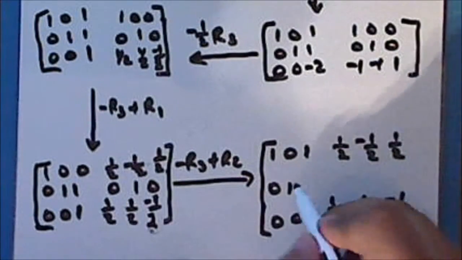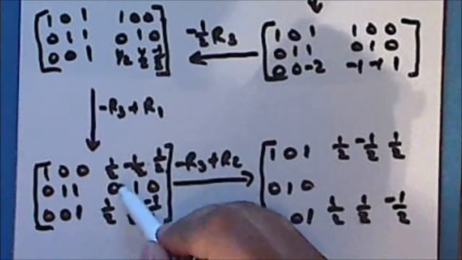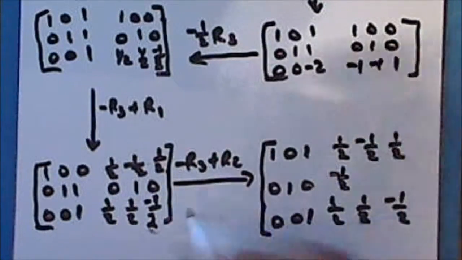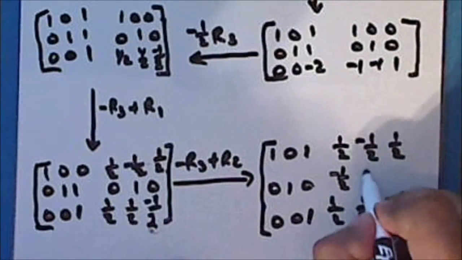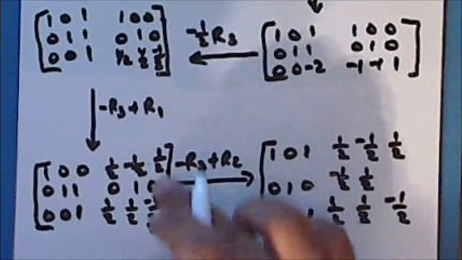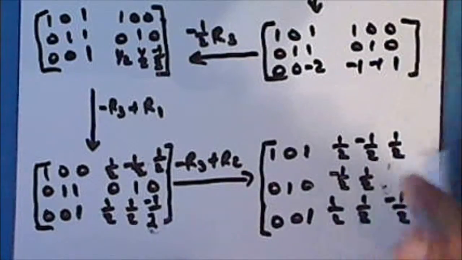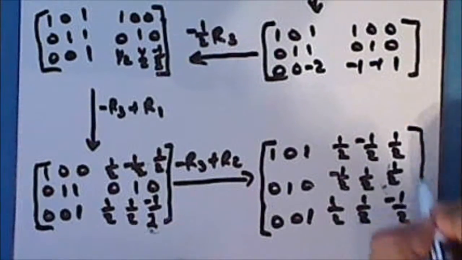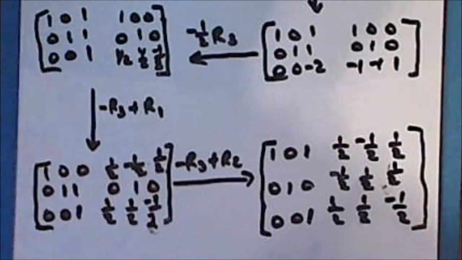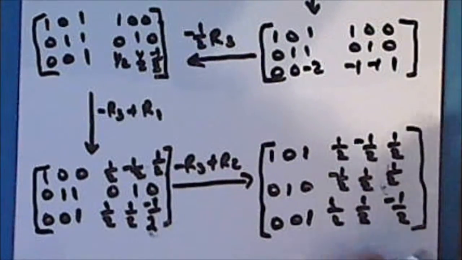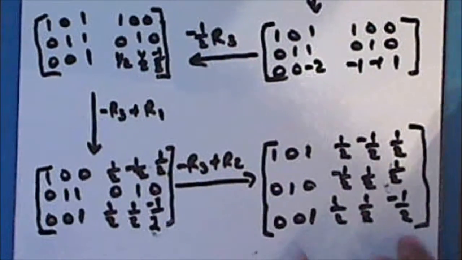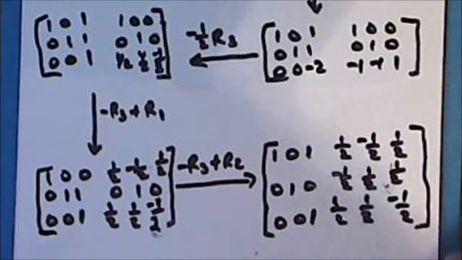Negative 1 plus 1 is 0. Negative 1/2 plus 0 is negative 1/2. Negative 1/2 plus 1 is 1/2. And 1/2 plus 0 is 1/2. So now on the right-hand side of this larger matrix, we have the inverse of A.